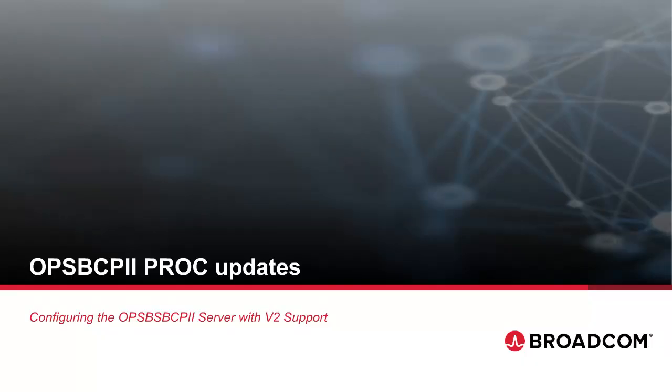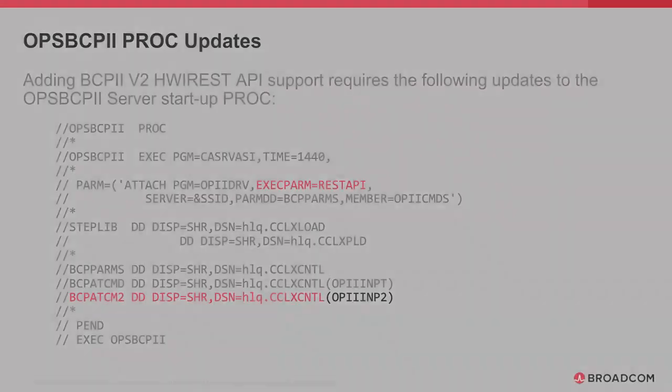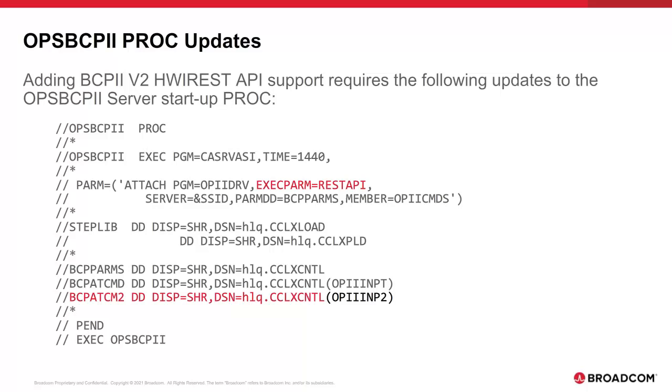This section discusses updates to the OPS BCPII server proc to activate the BCPII V2 HWIREST API. The OPS/MVS OPS BCPII procedure supports both IBM BCPII version 1 and version 2 APIs concurrently.